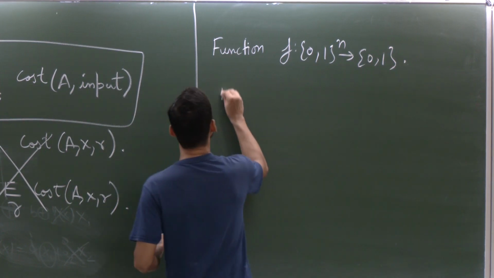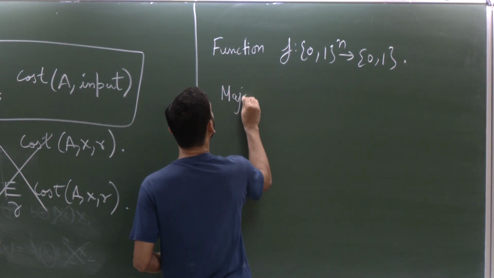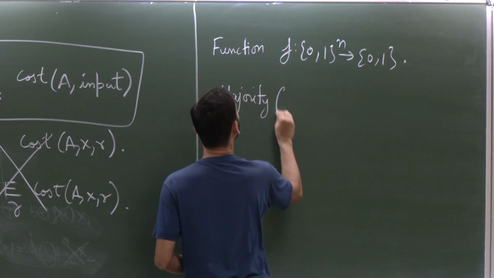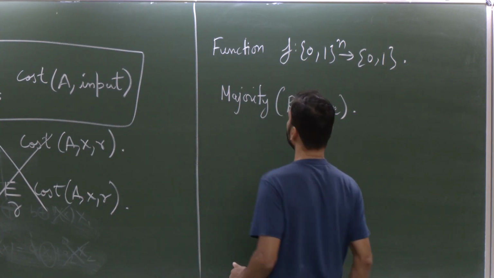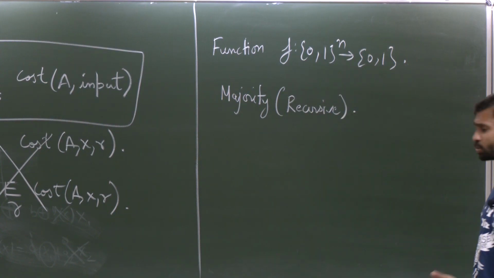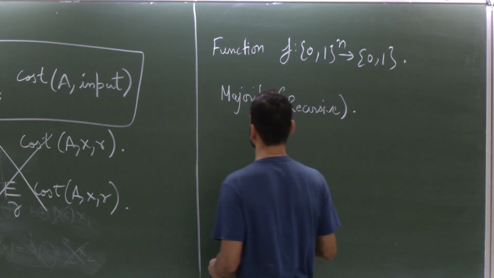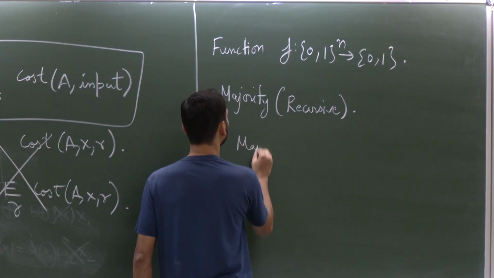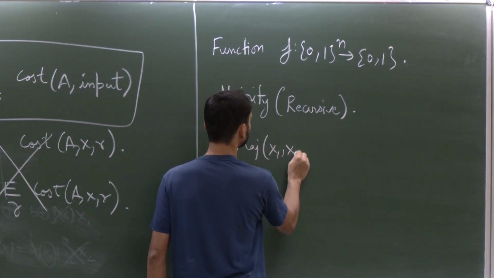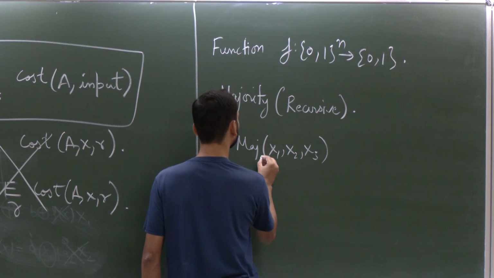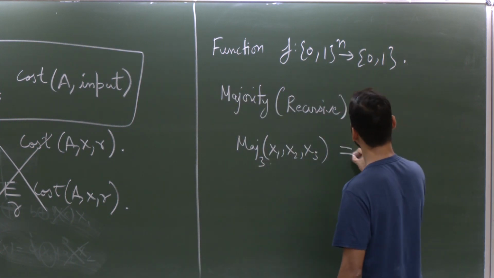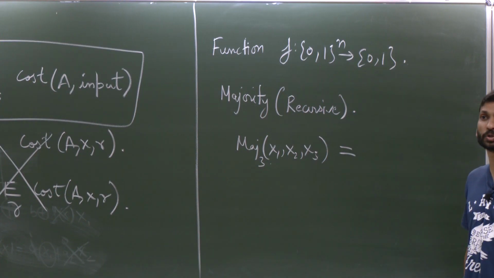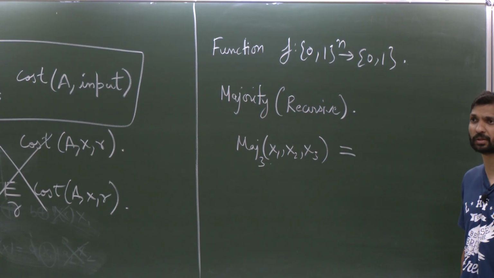The function is going to be what we call recursive majority, but it is instructive to do some exercise with the smallest function. Let's say this I will call majority on 3 bits. And what is this? What do you think majority on x1, x2, x3 should be?